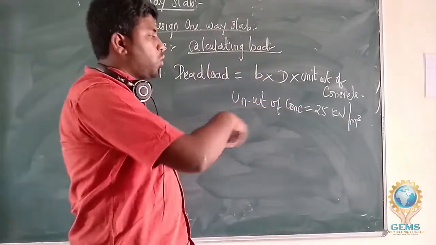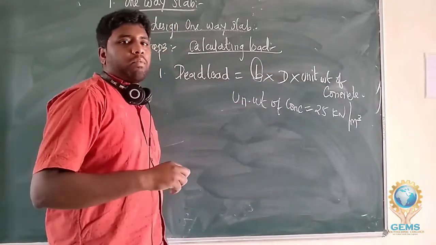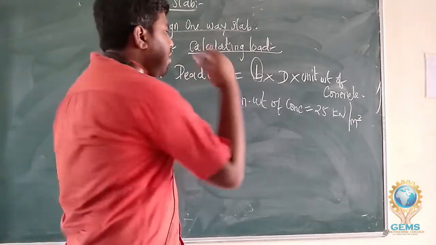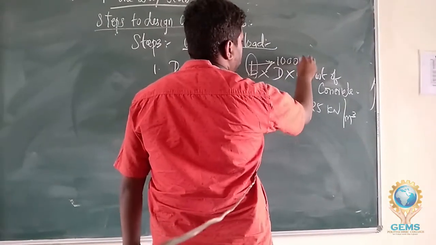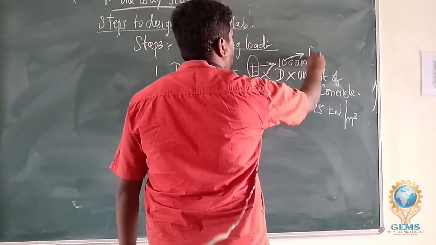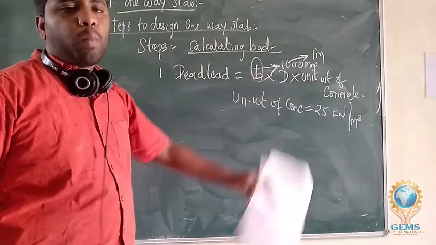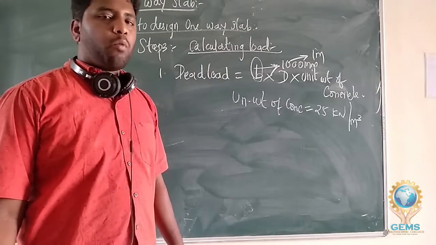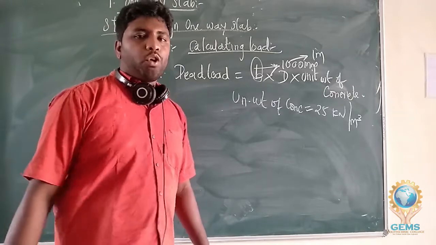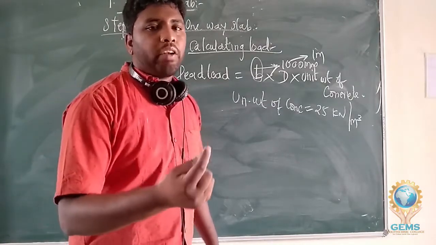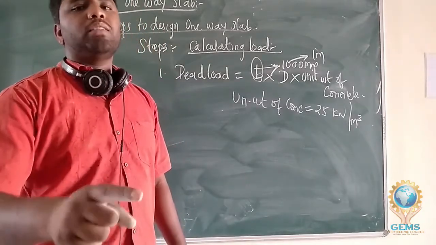And the breadth of the slab B is always taken as 1000 mm, that is 1 meter. The overall depth of the slab you must quantify using the formula: effective depth d is equal to shorter span divided by basic value into modification factor. And using the effective depth, you will find the overall depth. Overall depth is equal to effective depth plus dia by 2 plus clear cover.